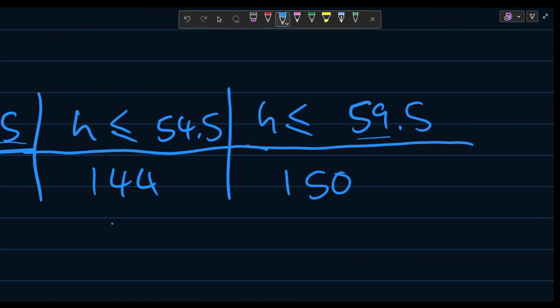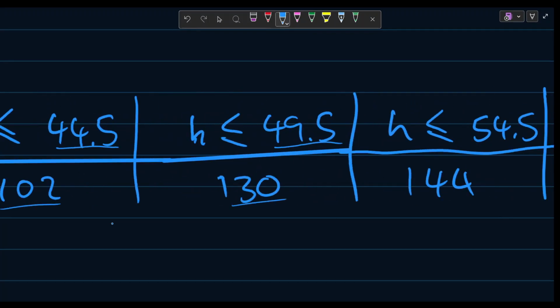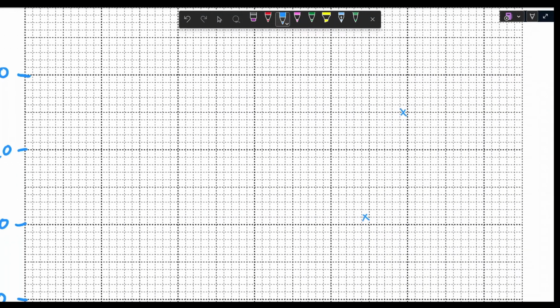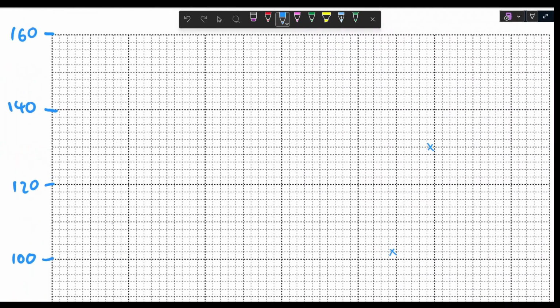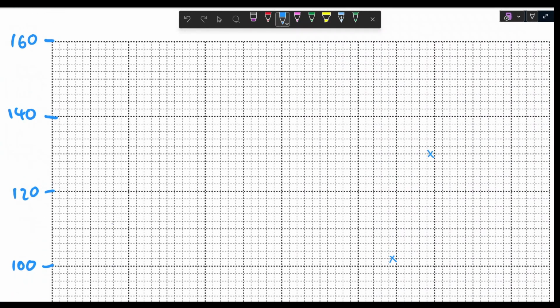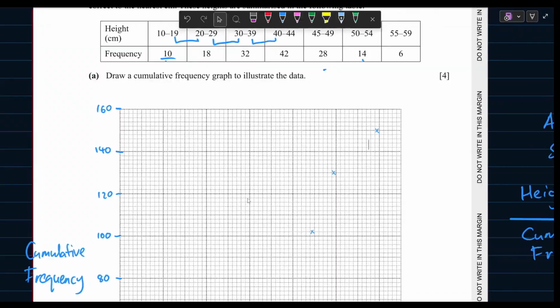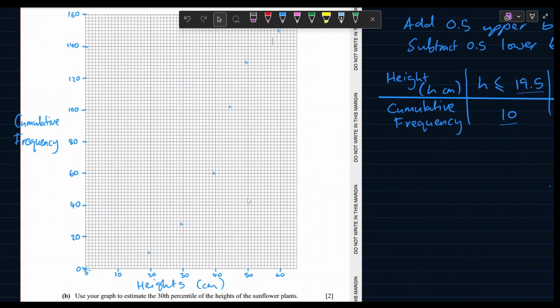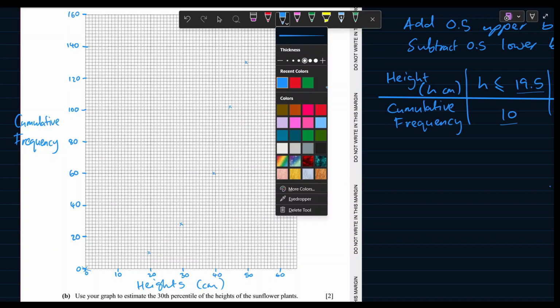And the last point is going to be 59.5, 150. Okay. So 150 will be somewhere here, and 59.5 is going to be right there. And now we can just zoom out. Okay. And our job here is to join our points and form an S-shaped curve.